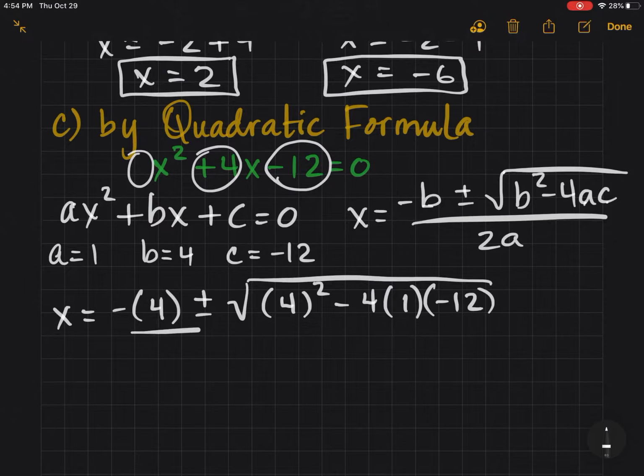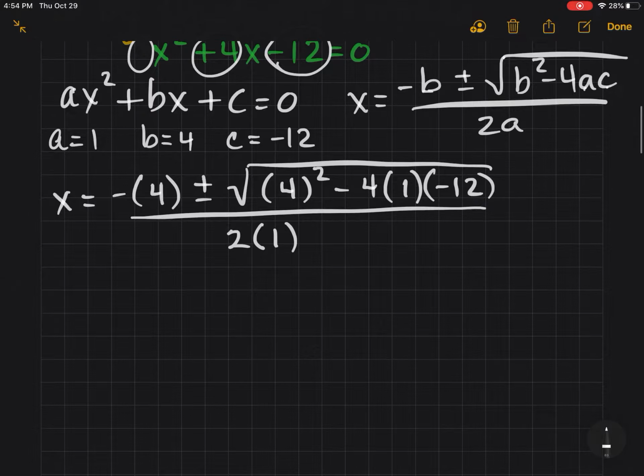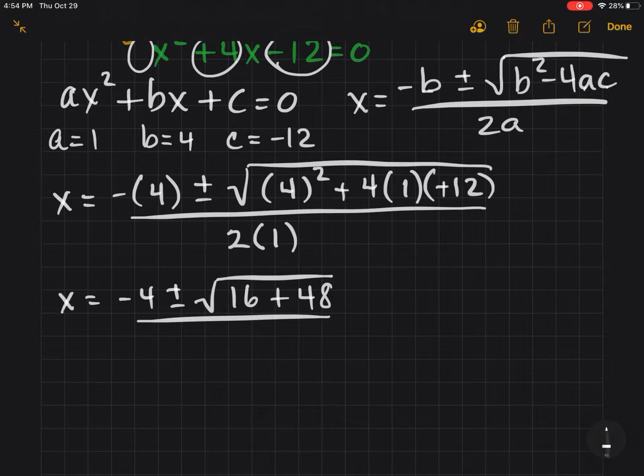And on the denominator, 2a. Okay, so here I'm looking at negative 4 plus or minus square root of 16. Negative times negative is going to give me a positive 48. Watch those signs. That's usually where mistakes can occur.